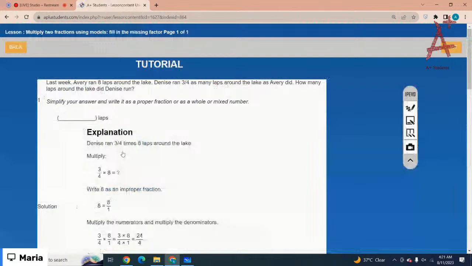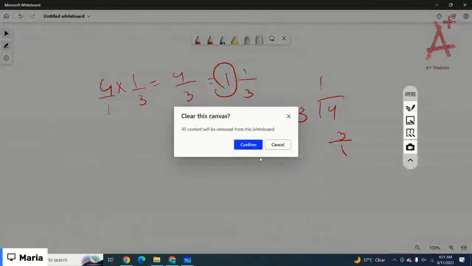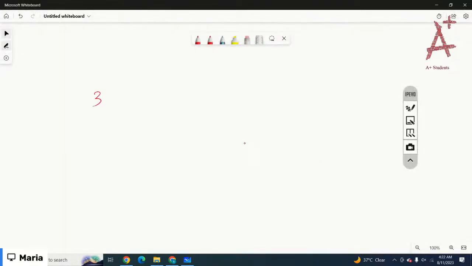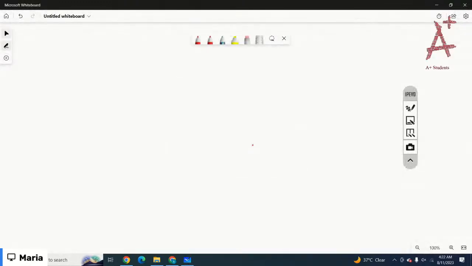That means you have to multiply 3/4 times 8, because Avery did 8 and Denise did 3/4 times what Avery did. So let's just calculate 3/4 times 8.